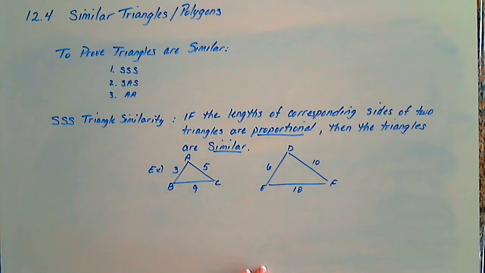So in order to show this with side, side, side, we must show that all 3 sides are proportional. So let's set up our proportional sides again, our corresponding sides.